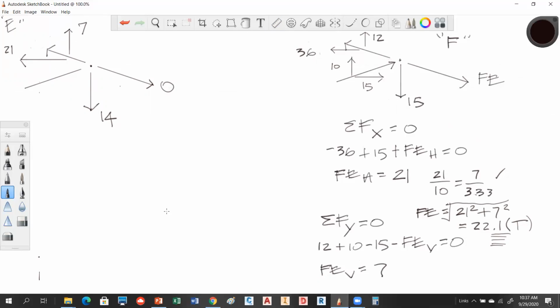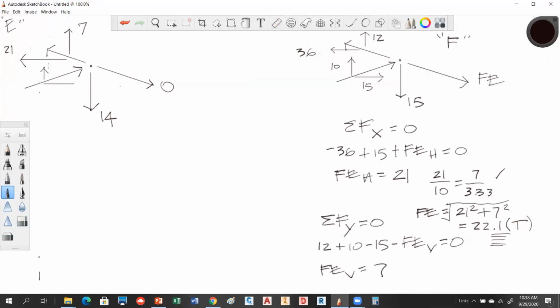So the only other member we need here, and I said you guys would have to help me with because I don't have it on this picture, is BE. So BE, I think we resolved as compression. Let's verify that. Is that right? Yeah. Okay, so we need the components of that compression. So I'm going to have one going horizontally and one going vertically, like that.